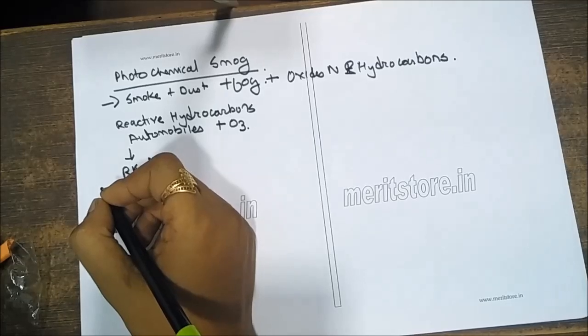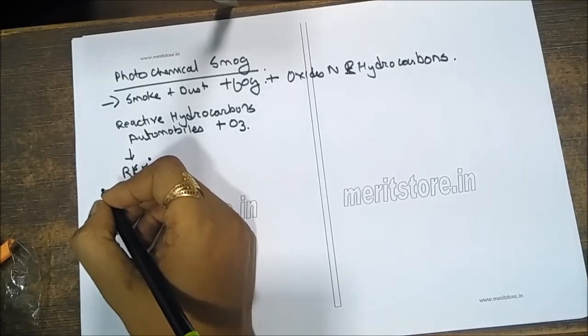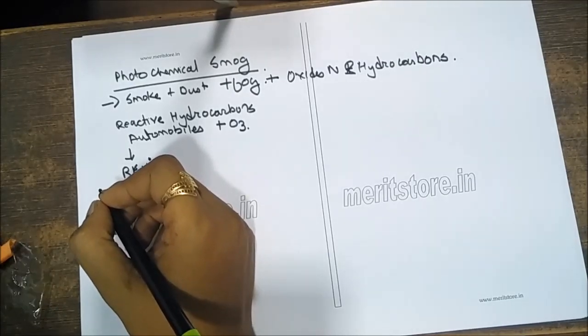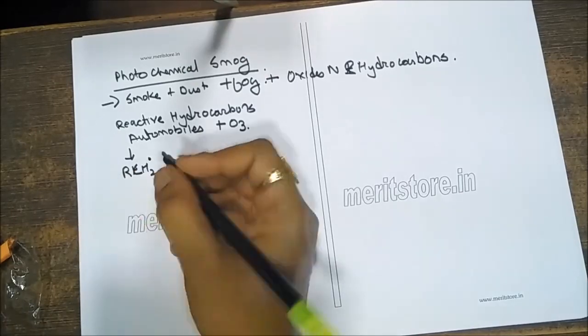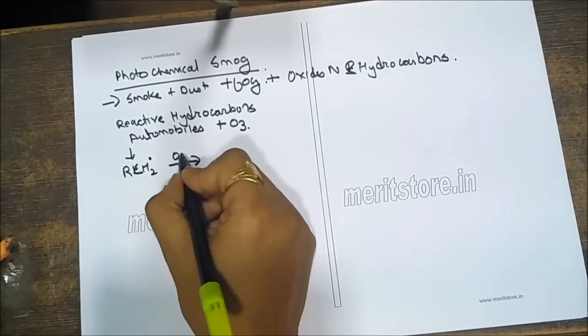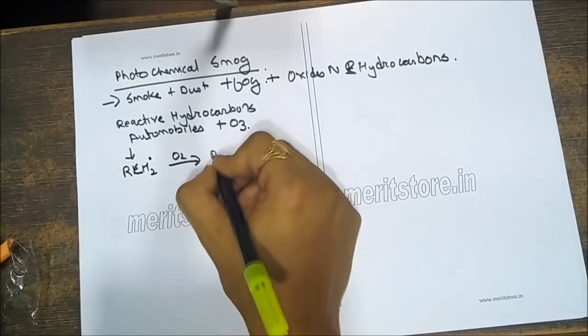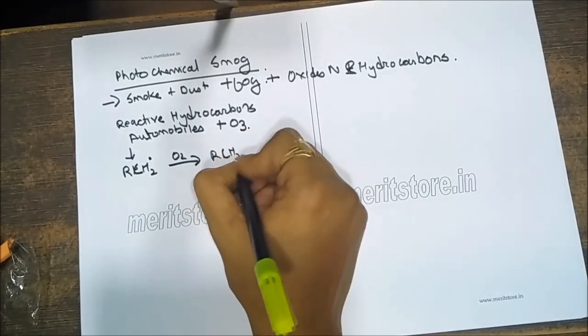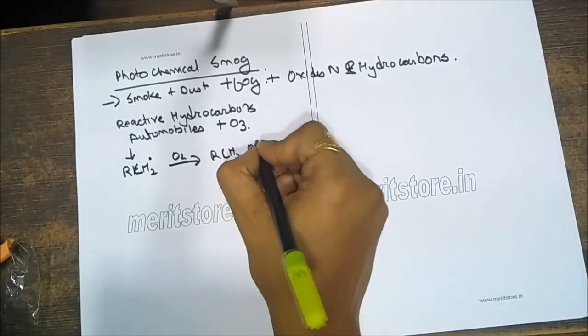Okay, now this hydrocarbon free radical may also be formed by the reaction of hydrocarbons with atomic oxygen. Okay, now what happens is, these hydrocarbon free radicals react rapidly with oxygen to form another free radical, which is RCH2O2.